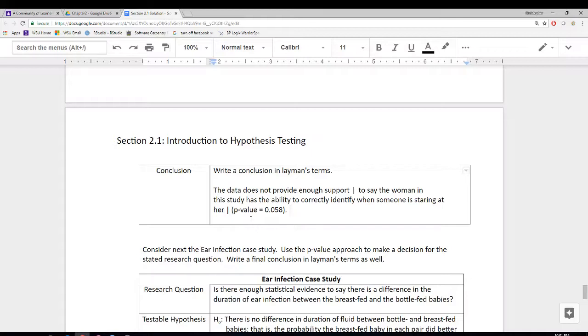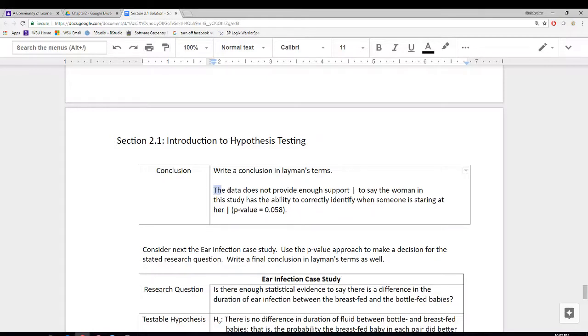Remember that the p-value is the amount of evidence that we have for our research question. It's nice to provide that in the statement, so the reader will have an indication of how close this is to that 0.05 threshold.